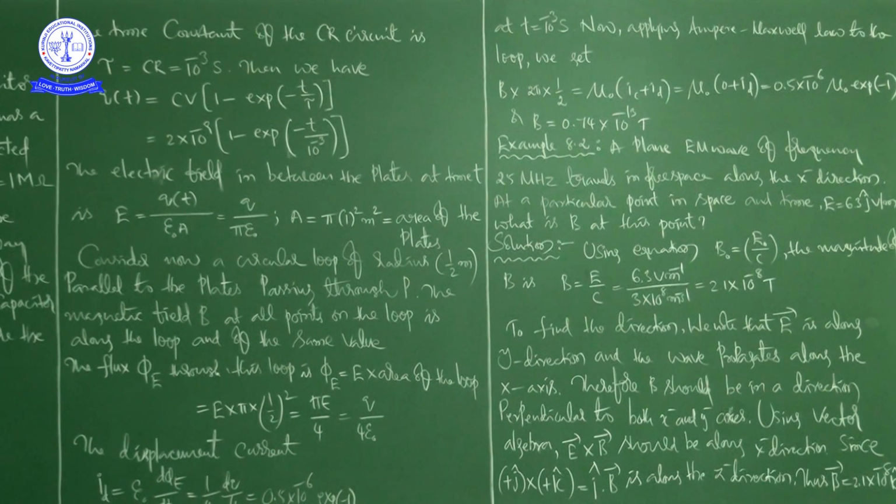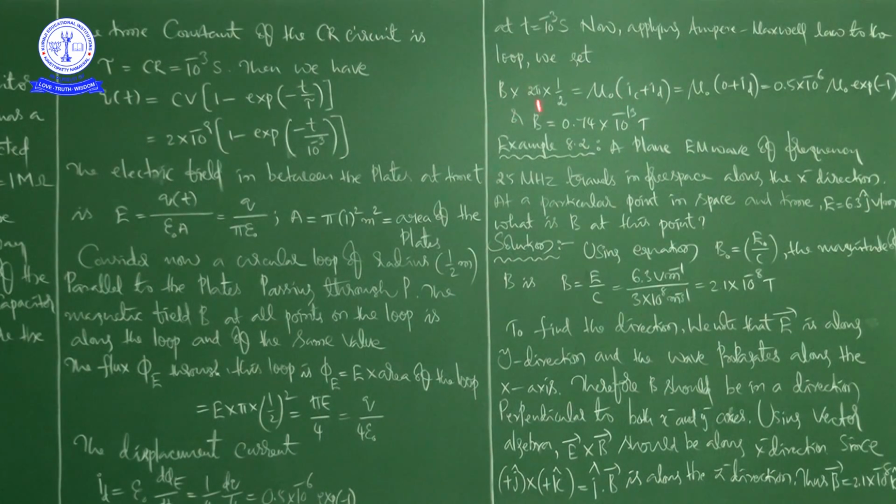Now applying Ampere-Maxwell law to the loop, we get B into 2 pi into 1 by 2 is equal to mu naught into (IC plus ID).